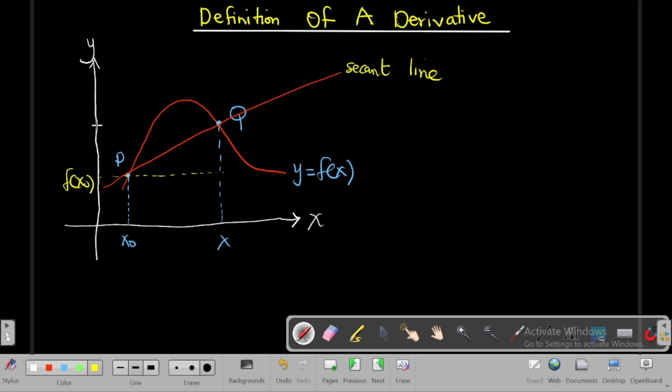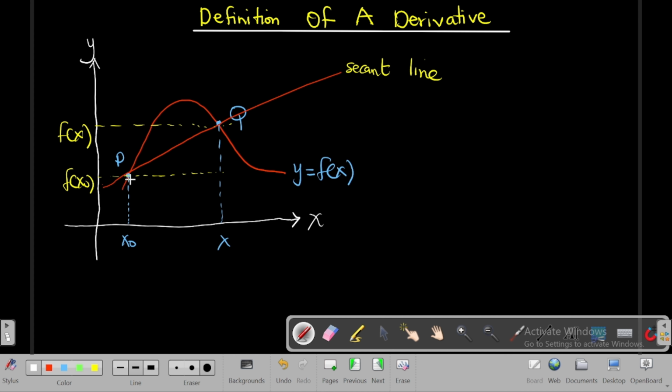And for this particular point, its value will be f of x. Now to find the slope of this secant line, this will be the triangle we are going to use. We need the rise and the run. The rise is the difference between the coordinates on the y-axis, and the run is the difference between the coordinates on the x-axis.